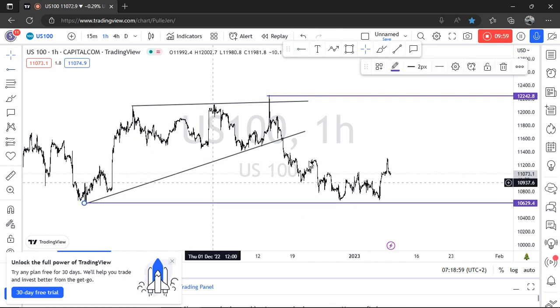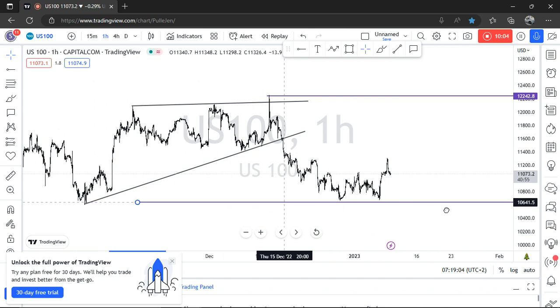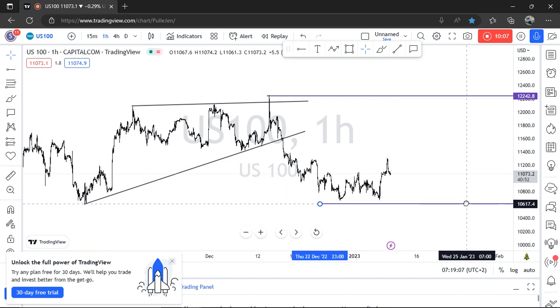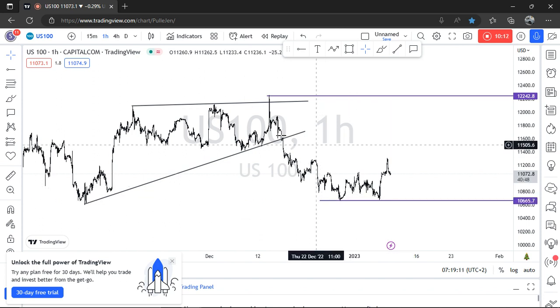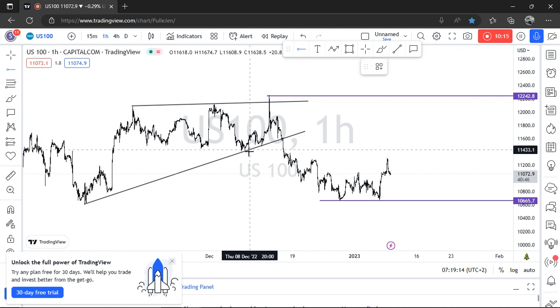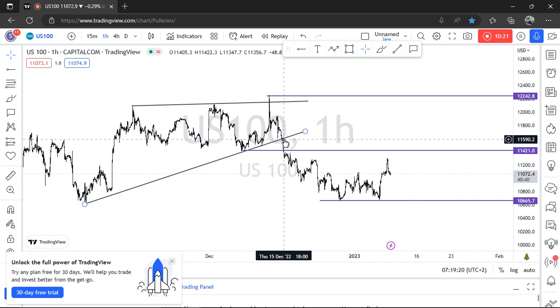So this is the high for me, and this will be the low for me, as you can see. But let me put it here because I can see price has managed to find some support around this area, as you can see for yourself. So let's look at this one.